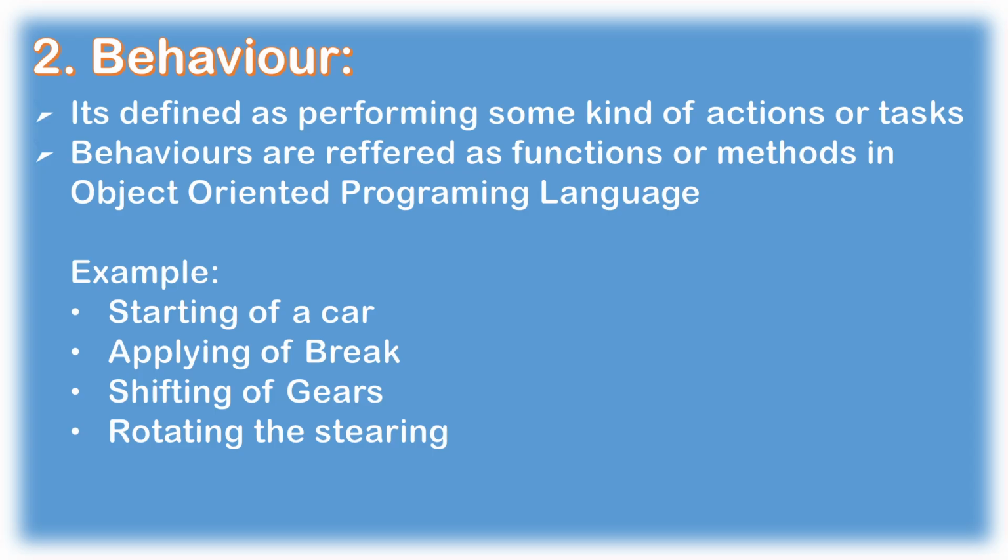Behavior is nothing but it is defined as performing some kind of actions or tasks. Behaviors are referred as functions or methods in object oriented programming language. That means, suppose you went to buy a car.